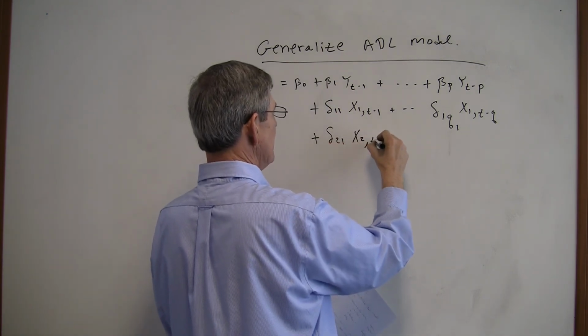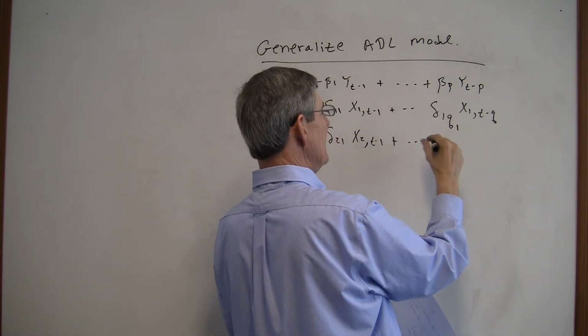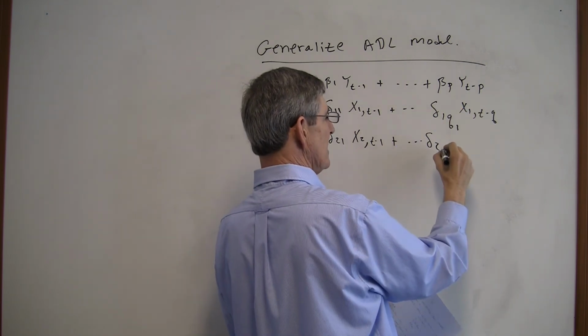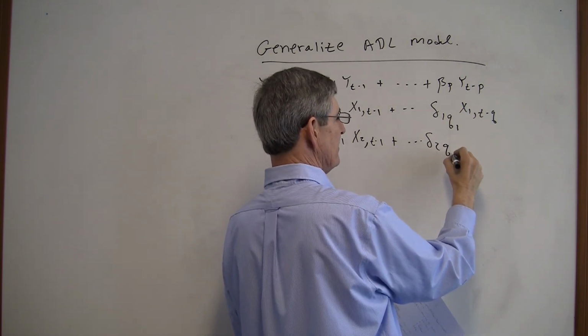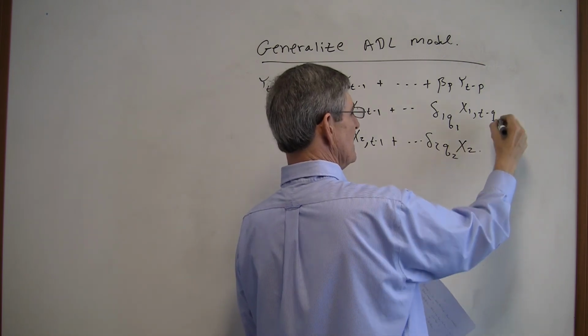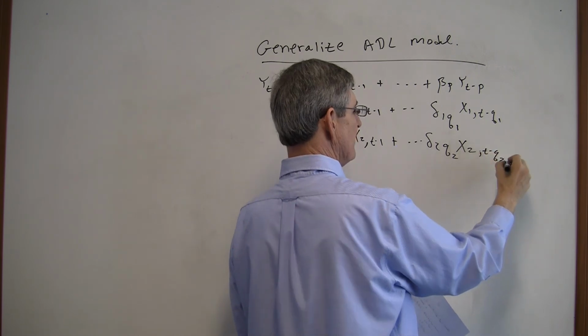plus delta 2,1 x2 t minus 1 plus, and I'm going to make this a different length so you can emphasize that these q1s and q2s aren't necessarily the same. This should be t minus q1, t minus q2.